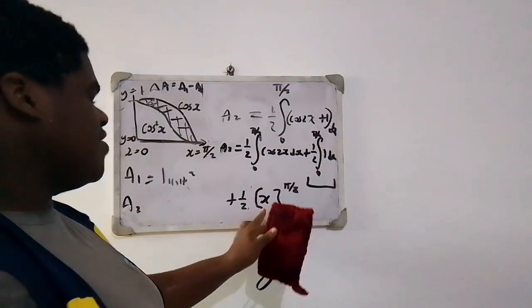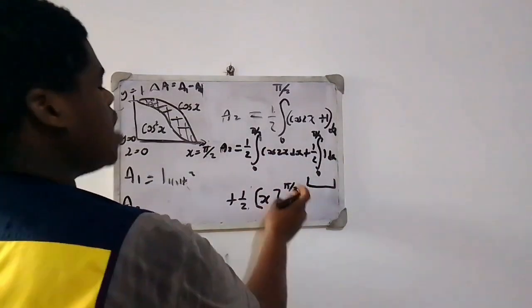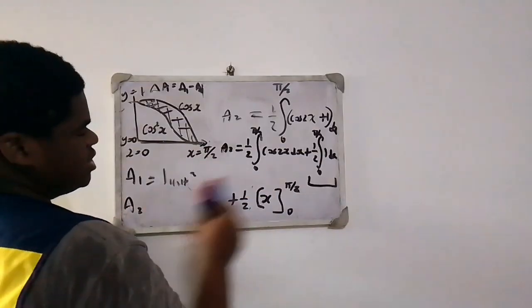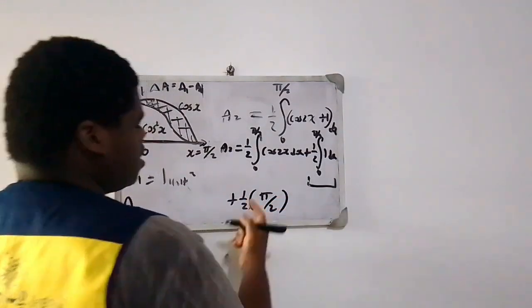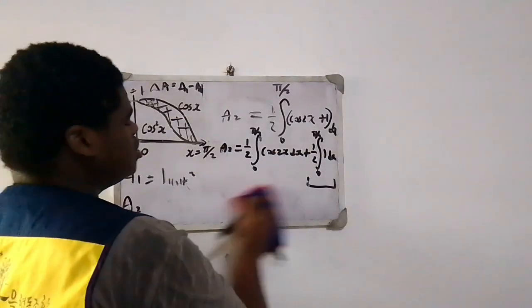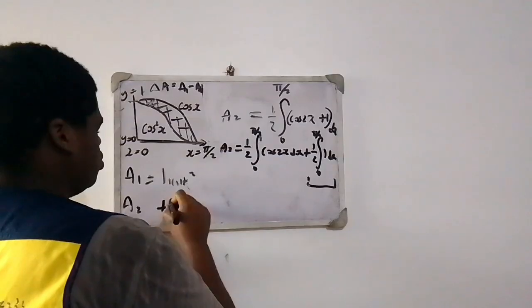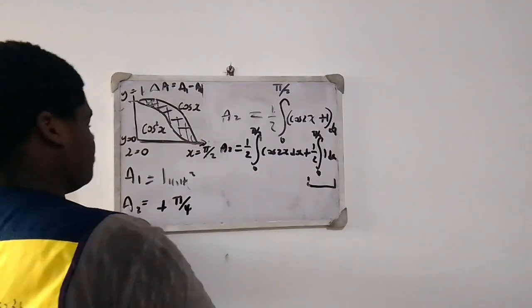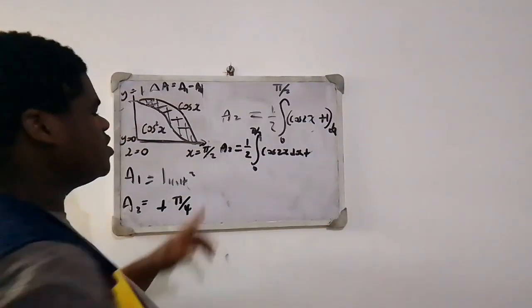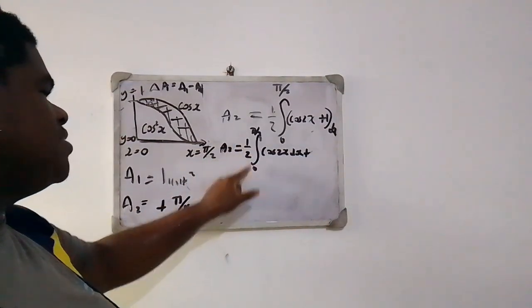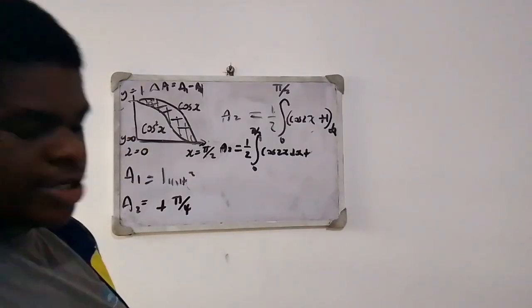If we plug in the upper limit and the lower limit for x, we have pi over 2 minus 0, which is the same thing as pi over 2. Pi over 2 times half is just pi over 4. So whatever answer I get here, we'll just add pi over 4. So now we're left with a2 is equal to half times the definite integral from 0 to pi over 2 of cos 2x with respect to x.